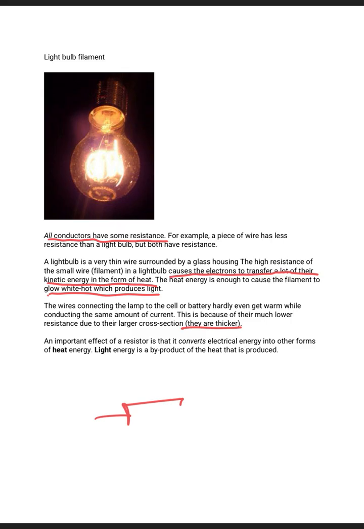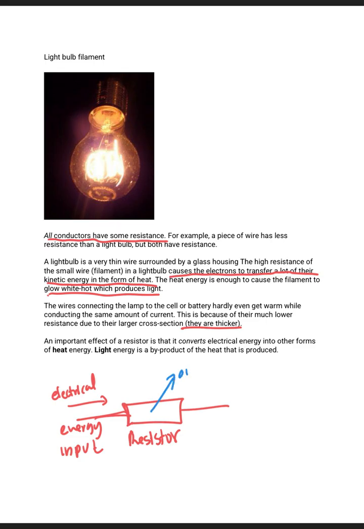An important effect of a resistor is that it converts electrical energy. So we have electrical energy as the input, and if this is a resistor, what happens is that you have an output that is heat energy, which can also become what?